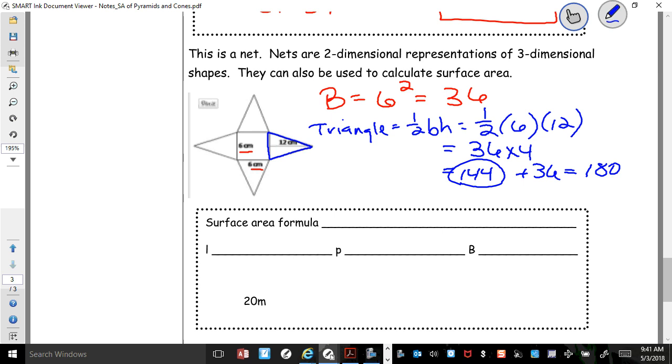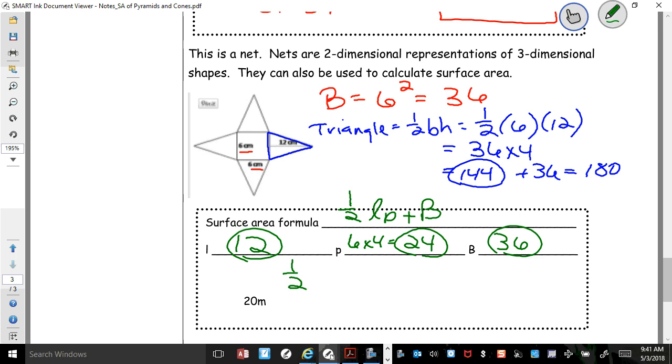Let's try it with the formula, though, to see how it works. The formula says 1/2 LP plus B. What's L? That is 12. What's the perimeter? 24, 6 times 4. And what's the area of the base? 36. So let's plug it in. We get 1/2 times the slant height, 12, times the perimeter, 24, plus 36.